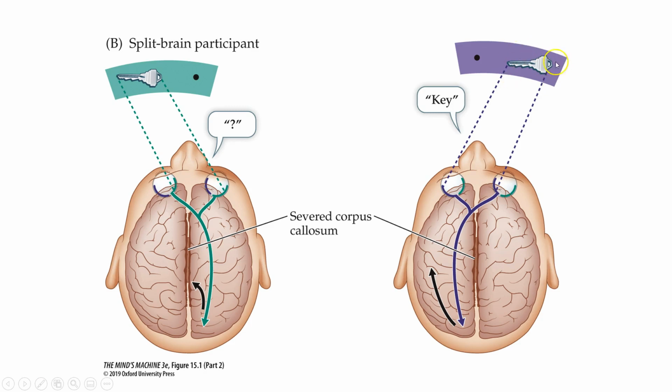However, if you do show the key to the right visual field, then that visual information is processed by the left hemisphere, and that's also where the language areas are, and the person is able to say the word key. Now, typically this isn't a problem because the person's eyes in the real world are moving back and forth all the time.